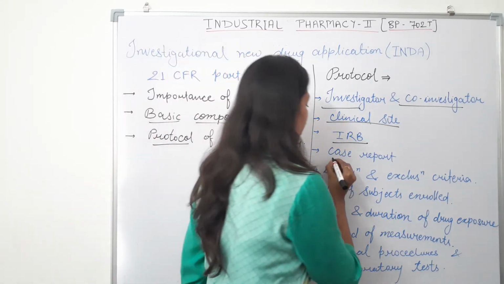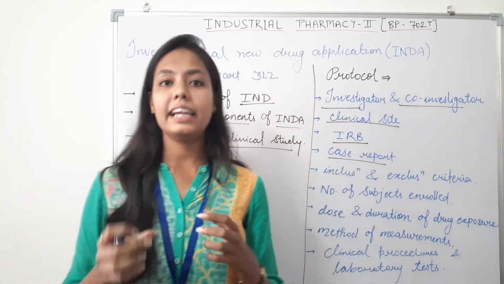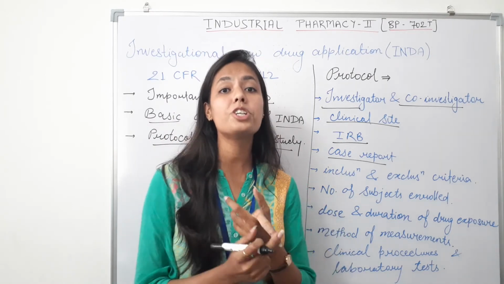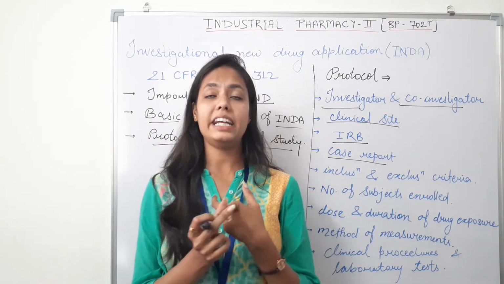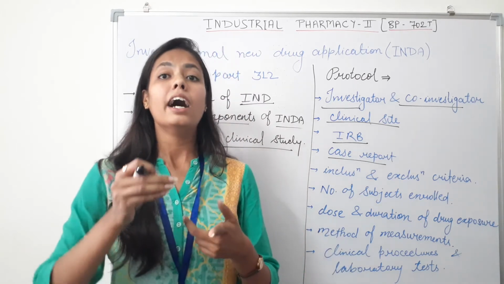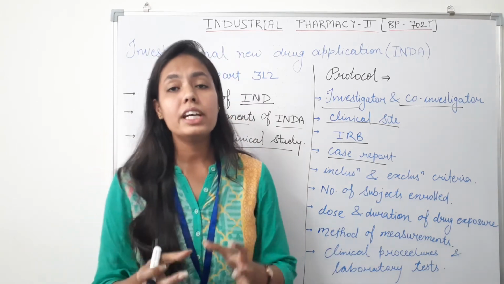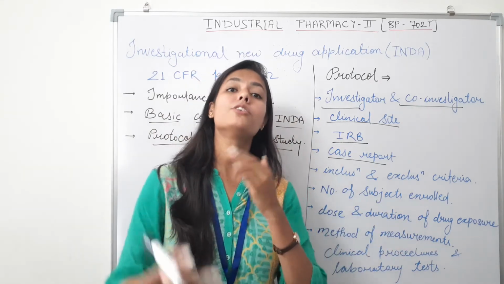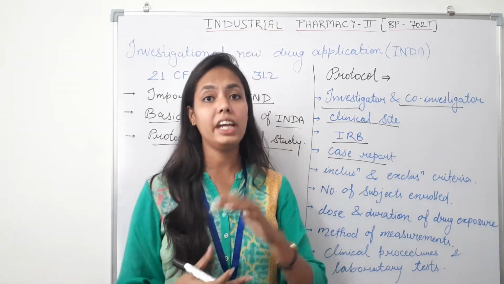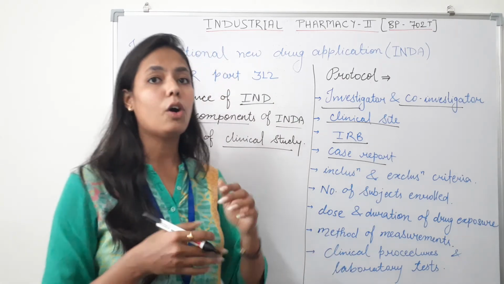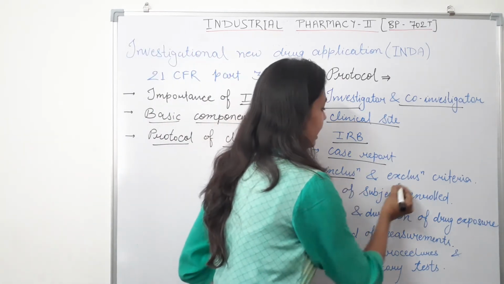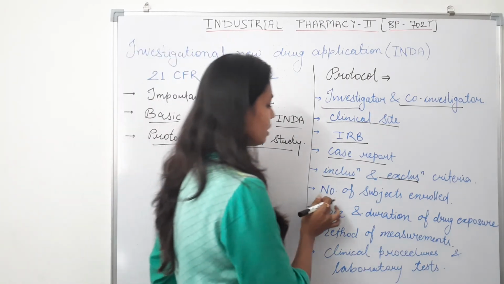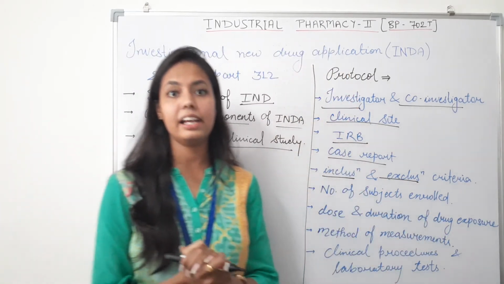Furthermore, it also includes the case report form, and the inclusion and exclusion criteria of the subjects. That means the subjects who are selected for the trials and the subjects whom we will not incorporate in the human trial, which we call inclusion and exclusion criteria. After this, the number of subjects enrolled in the clinical trials.